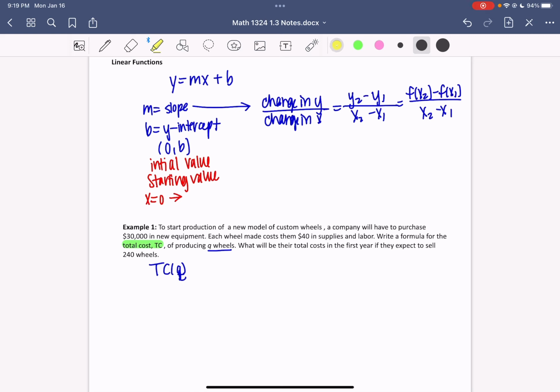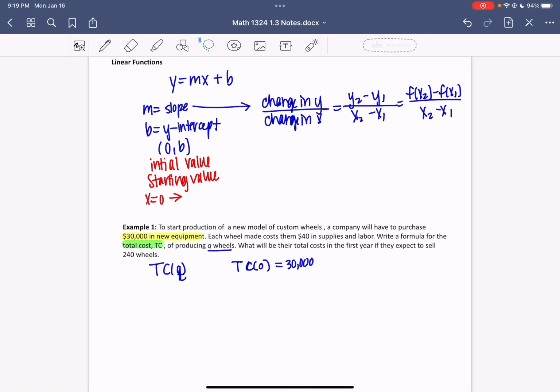So let's start here. It says that $30,000 in new equipment has to be purchased. So this $30,000 in new equipment being purchased is the initial value for this function. It's $30,000 since that's the startup cost. That means when Q is at 0, when we haven't produced anything, our total cost is $30,000.